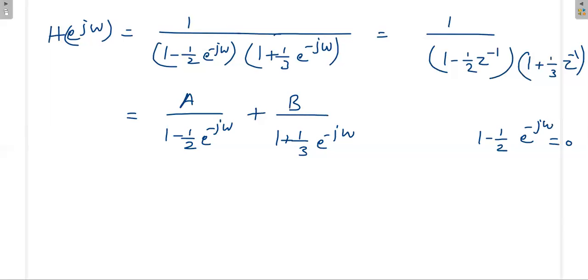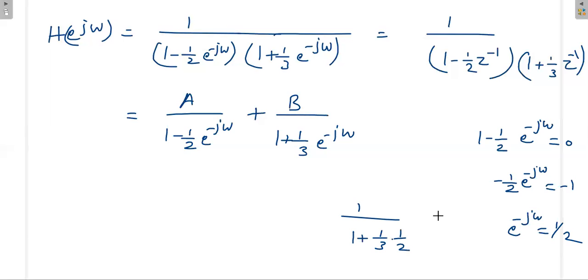What is the value of e power minus j omega? It is equal to 1 by 2. That value is substituted here, so you'll be getting 1 by 1 plus 1 into 1 by 2, that is equal to 1 by 1 plus 1 by 6. That is 1 by 7 by 6, finally 6 by 7.